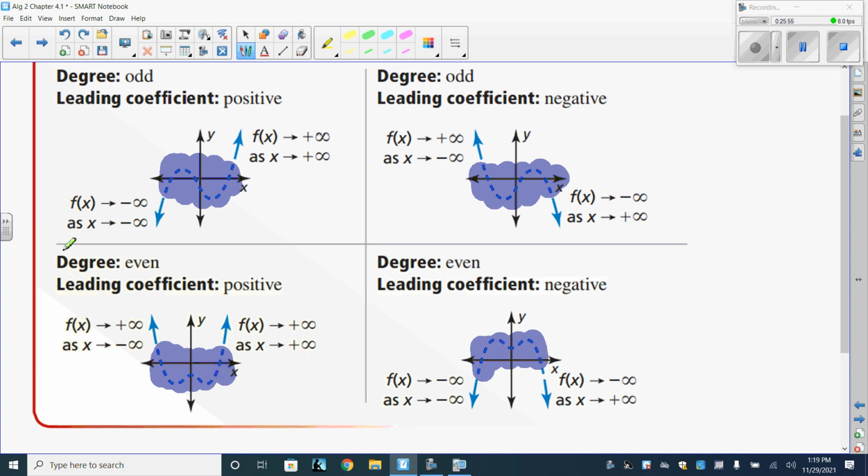Now, for the first one here, we do have that weird notation, f of x arrow positive infinity as x arrow negative infinity, and f of x arrow negative infinity as x arrow positive infinity. What this is saying, with the highlighter, is that as x increases, as the values of x get bigger, the function f of x is doing what?